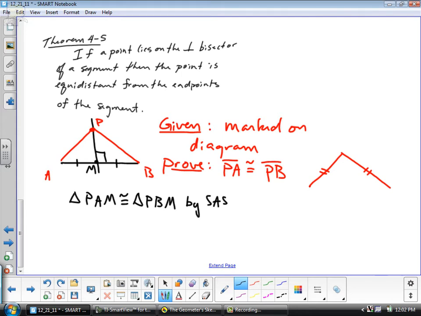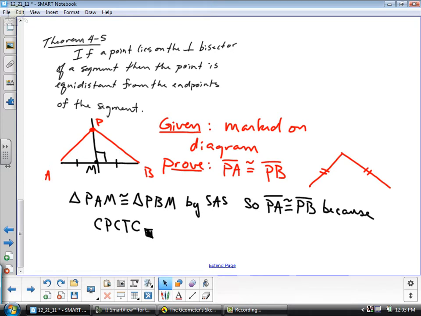Which means PA has to be congruent to PB. Why? Corresponding parts of congruent triangles are congruent.